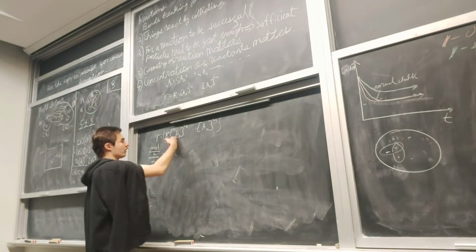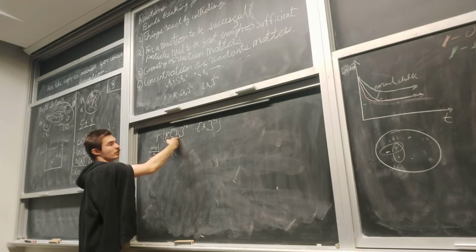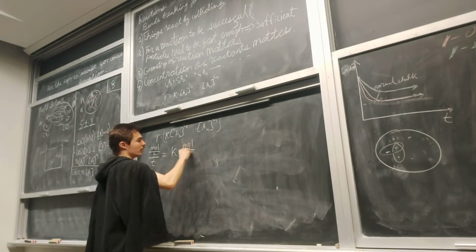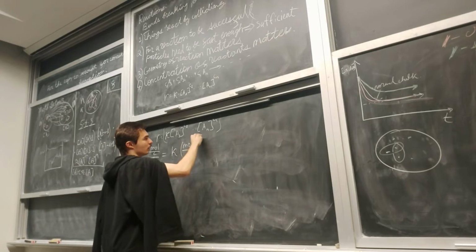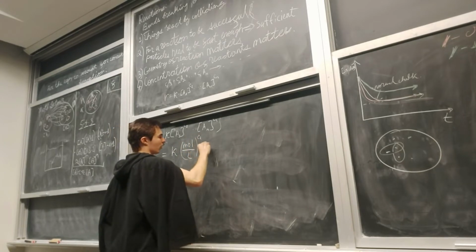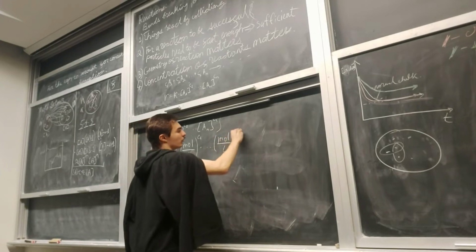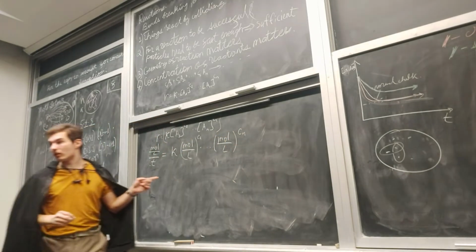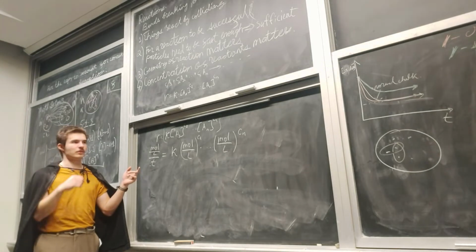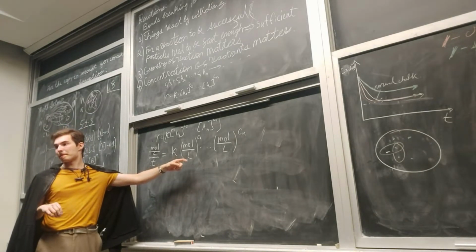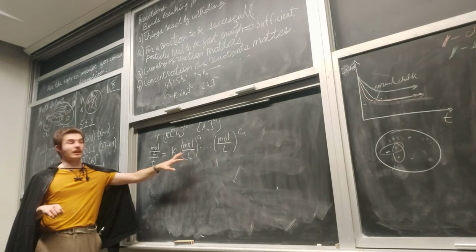Times, what are the units of concentration? Moles per liter. So times moles per liter to the power of C1 times moles per liter to the power of Cn. Do you agree? Someone's there doing renovations and stuff. Does this make sense to you? Yes?